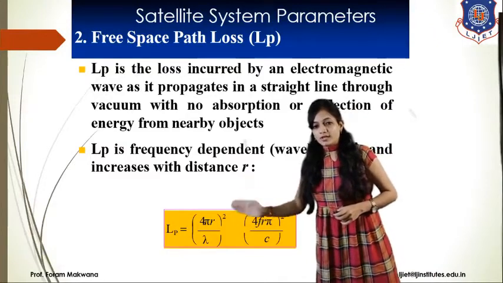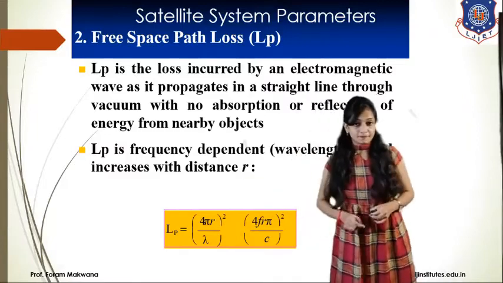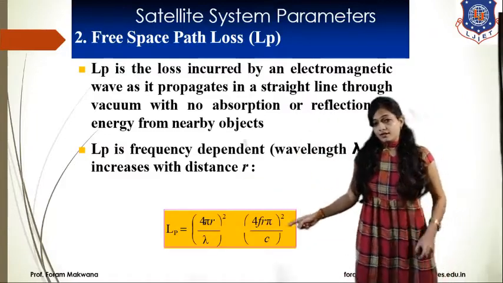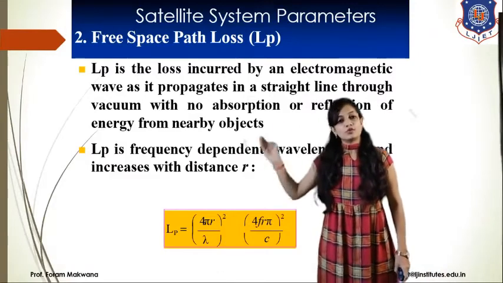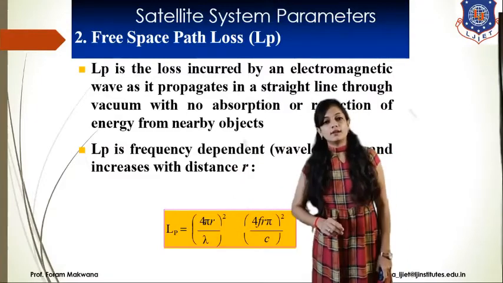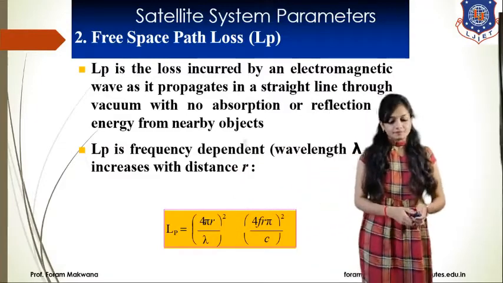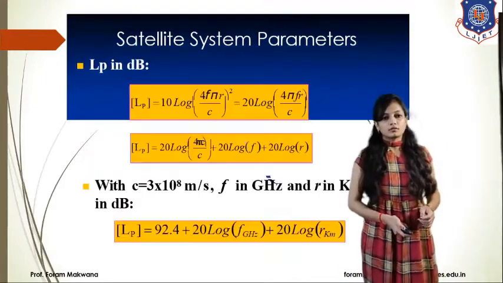As range is increased, free space path loss is also increased. But it is inversely proportional to lambda. As lambda is increased, my free space path loss is decreased. Alright, so this is the free space path loss.